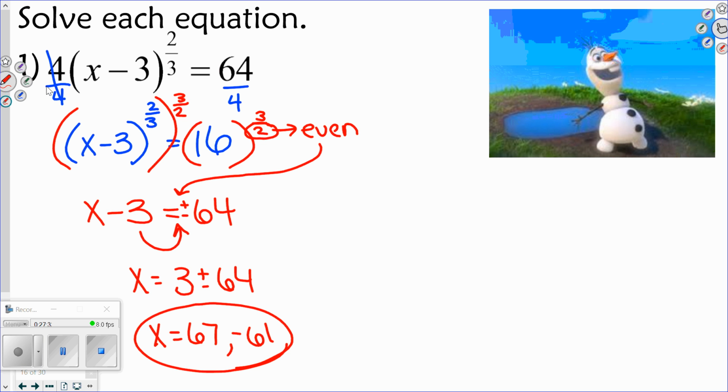What's 2 to the 4th? 2 times 2 times 2 times 2 is 16. What's negative 2 to the 4th? It's still 16. So any even one is going to always make that answer work out positive, so you have to have plus and minus because you could have either option in there.